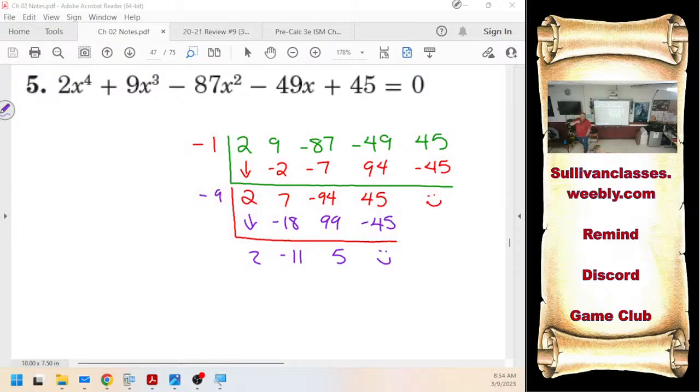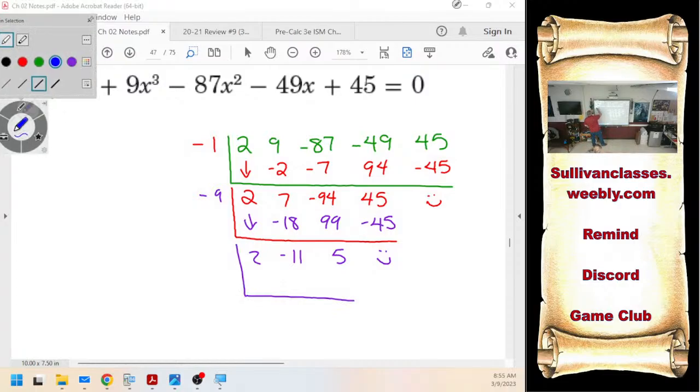Okay, I just took out 2 factors, 2 zeros. What do I got now? 2, -11, 5. What kind of polynomial is that going to create? Quadratic. Okay. I could factor that, or do I feel lucky about other numbers? A half?